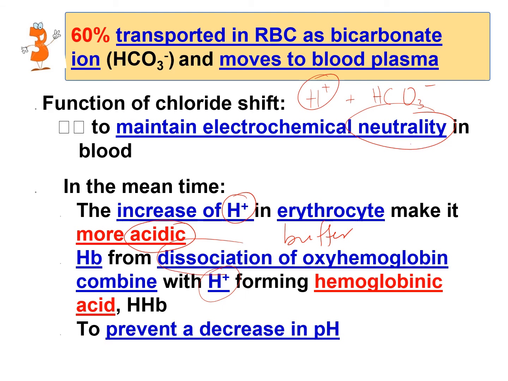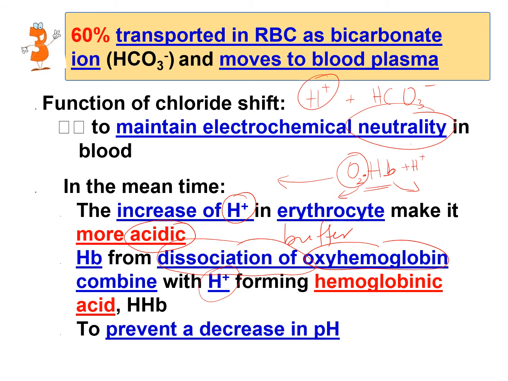First, it has to dissociate the oxyhemoglobin. So this is oxyhemoglobin. That's why it will release or dissociate by releasing the oxygen. So oxygen will move out of the erythrocyte. Hemoglobin now is available, so it will bind to the H+.